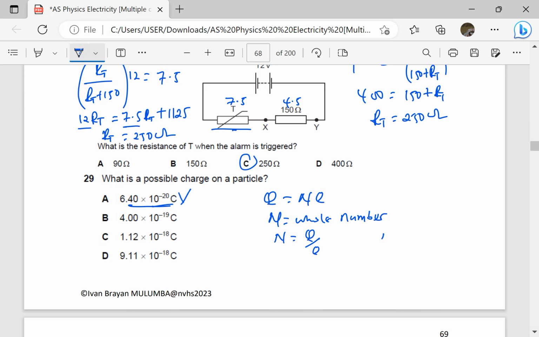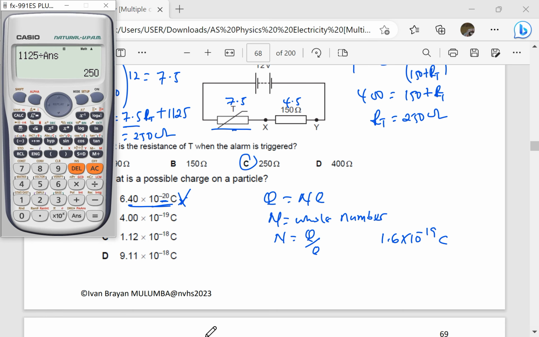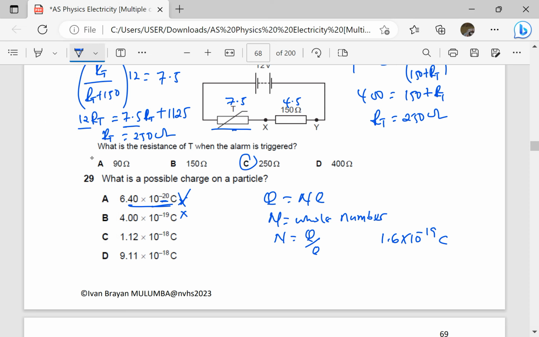The elementary charge is 1.6 times 10 power negative 19 coulombs. And we are seeing that this is smaller because of the power negative 20. So I remain with the 4. 4 divided by 1.6, because the power of 10 is the same, is not a possible charge.